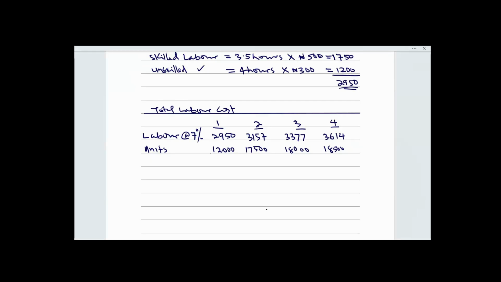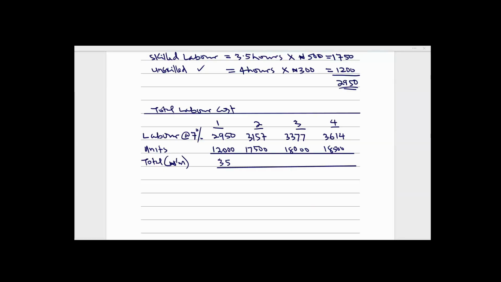Now let's multiply to get the total direct labor cost. 35.4 million. The examiner says you should round it, so 35. Let me do here 3,614 multiplied by 18,500.